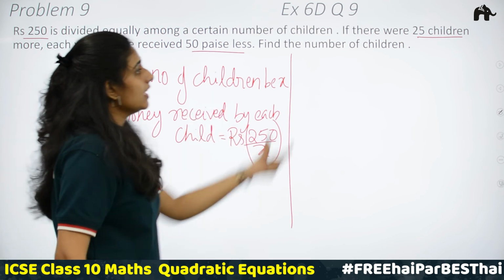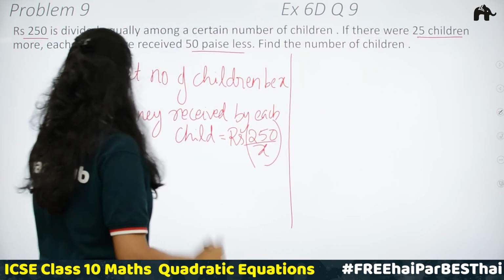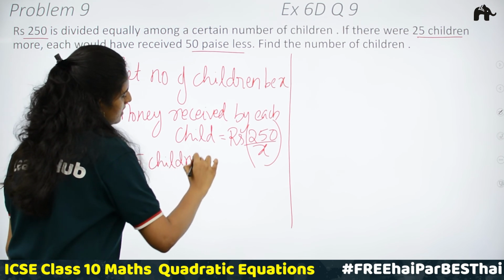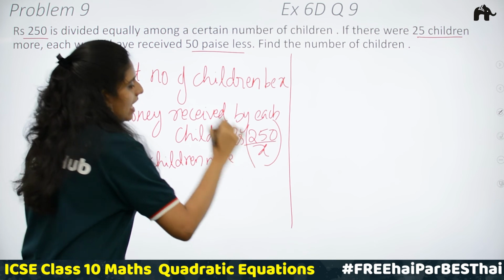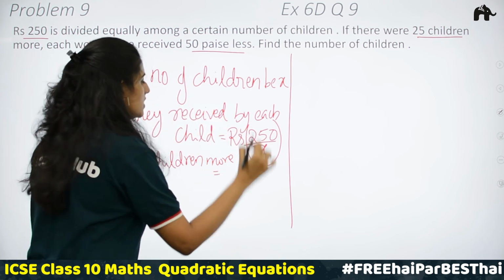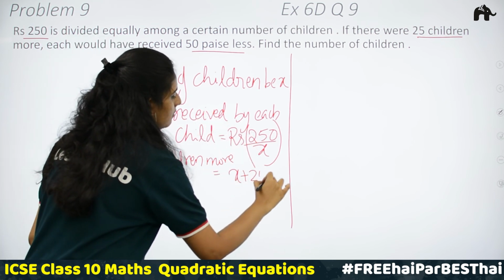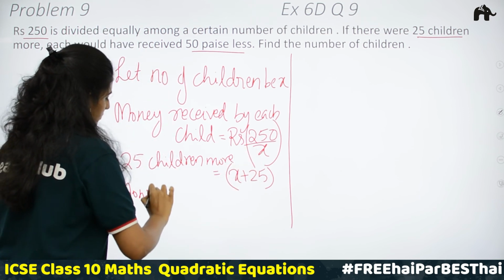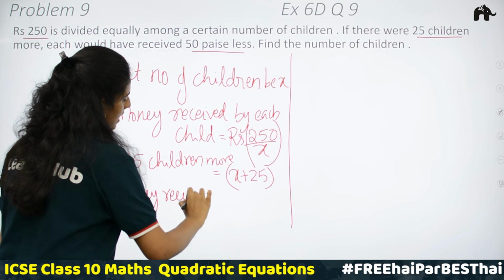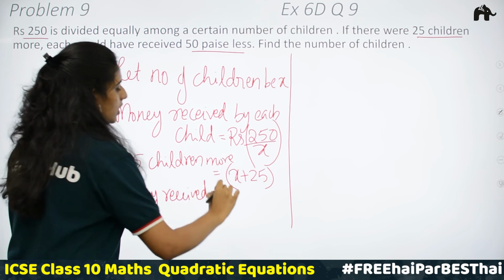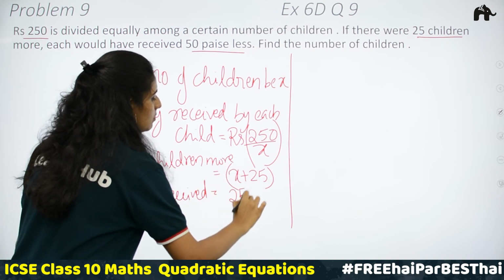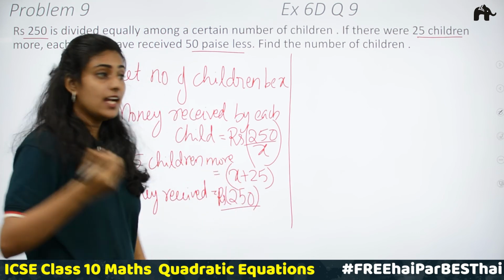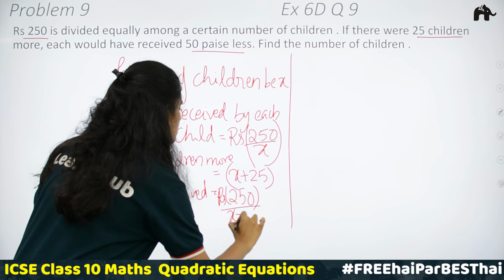Now, if there were 25 children more, how can you represent this? Already we have x children, then number of children will be x plus 25. In that case, the money received by each child will be equal to, amount is same, 250 rupees divided by number of children had increased, that is x plus 25.